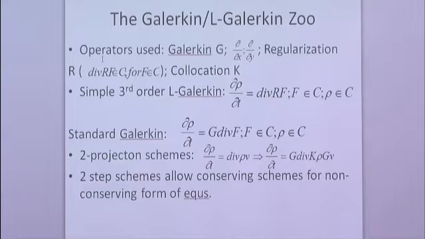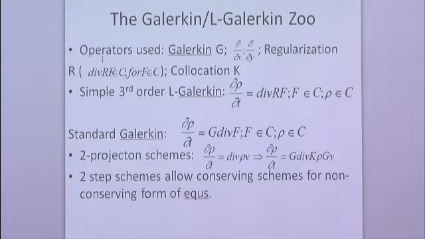So that I do by operators. I use Galerkin, the differentiation, which is exact, and the regularization. Regularization actually is such that I work on the fluxes themselves and change them in such a way that the divergence is a continuous function. So I don't need to apply a Galerkin operator anymore.